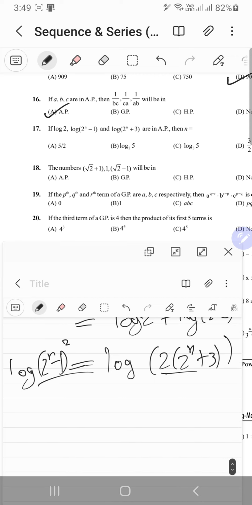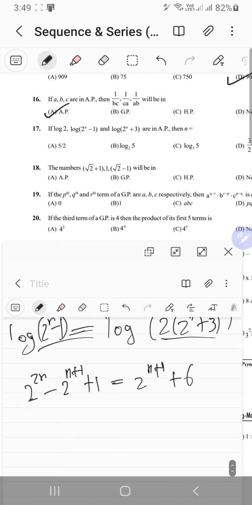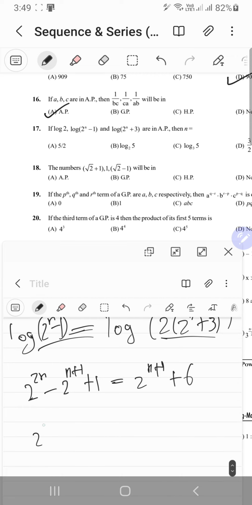So clearly these two things must be equal. So squaring this, we get 2 power 2n minus 2 into 2 power n, which is basically 2 power n plus 1, equal to 2 power n plus 1 plus 6, I think. Cool. Which is 2 power 2n minus 2 into 2 power n plus 1, which is like 2 power n plus 2. That goes over there, it becomes negative 5 equal to 0.